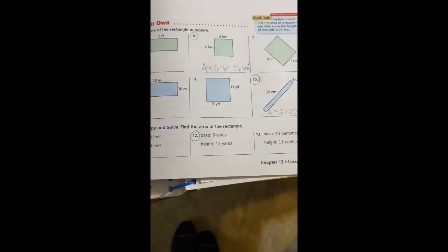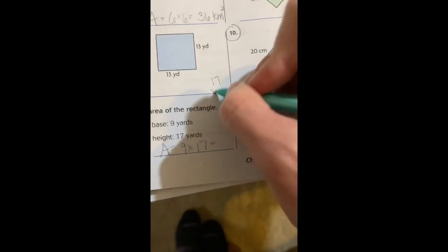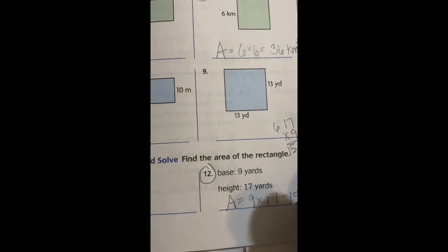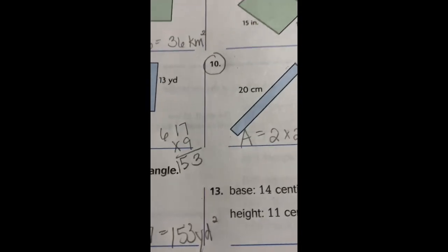They don't give us the actual rectangle, but they give us what we need, the measurements. So area equals base times height, which equals 17 times 9. 153 square yards. All right, excellent job, friends.